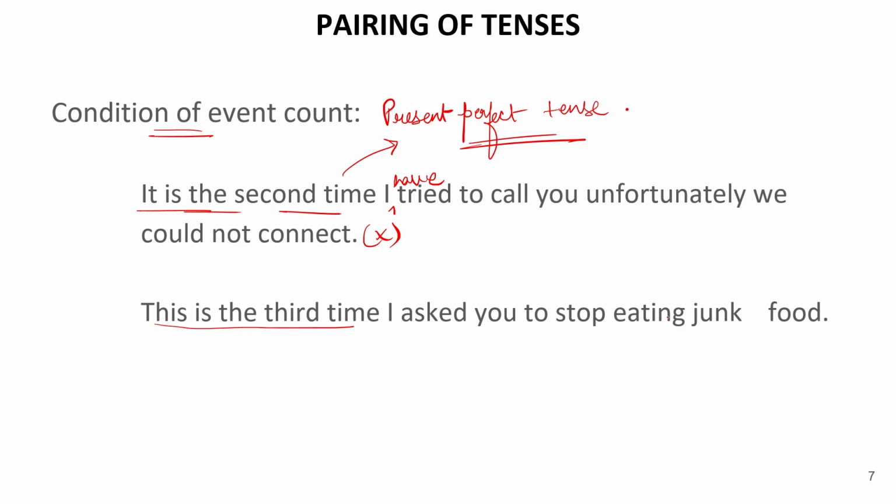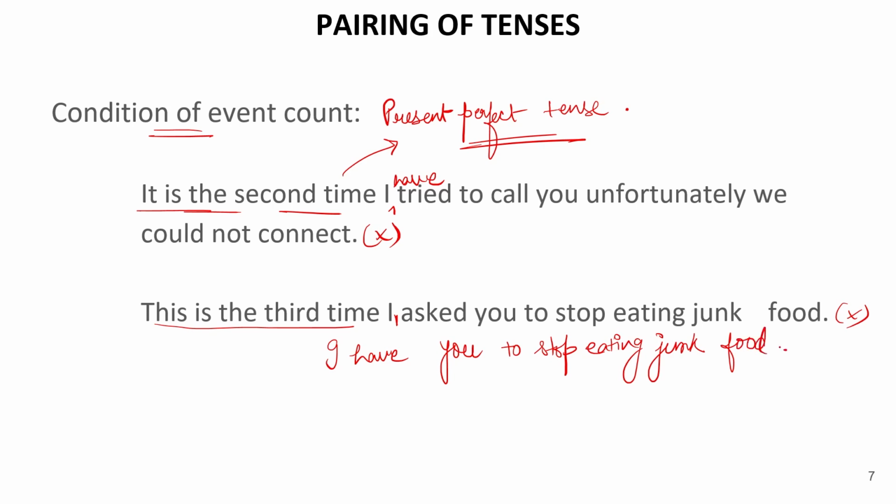This is the third time I asked you to stop eating junk food. Now, this is incorrect again. The correct will be: I have asked you to stop eating junk food. Now, this will be correct.